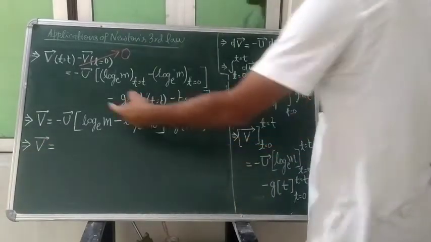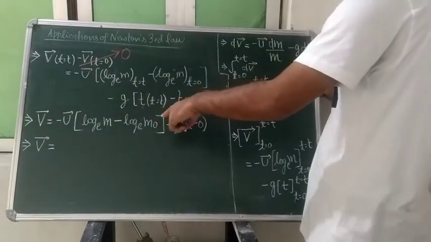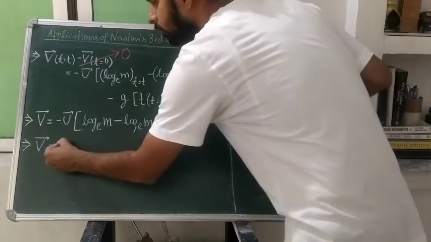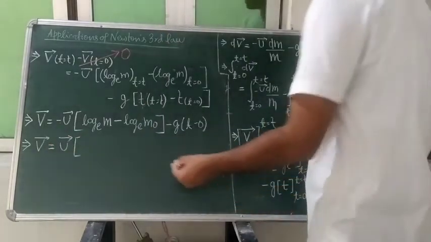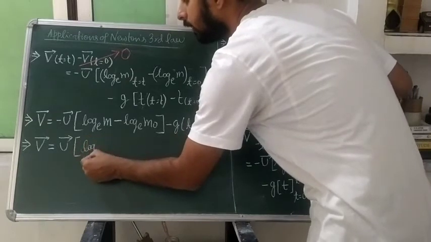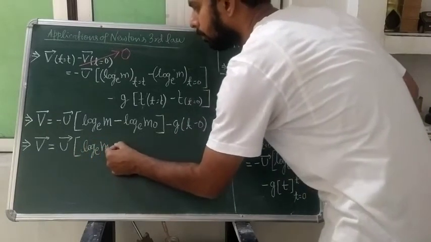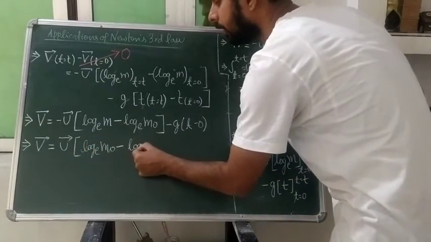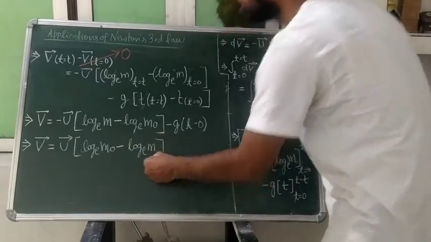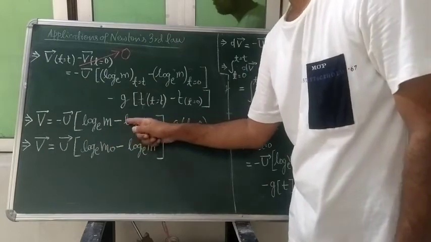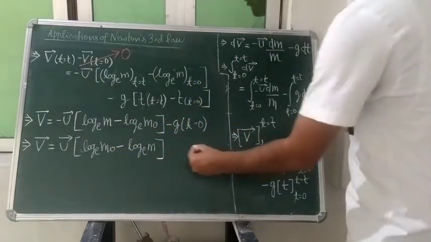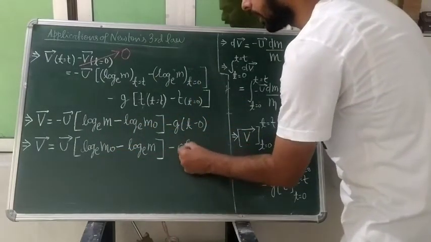Next, what can we do? This minus sign we can bring inside the bracket. So it will become log base e m naught minus log base e m, isn't it, student? This minus will make it plus, and this will come out g times t.